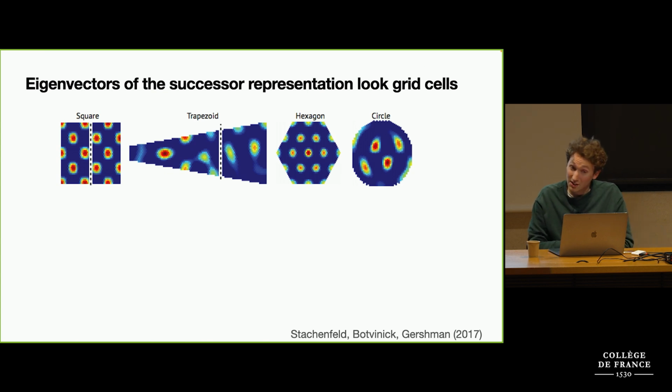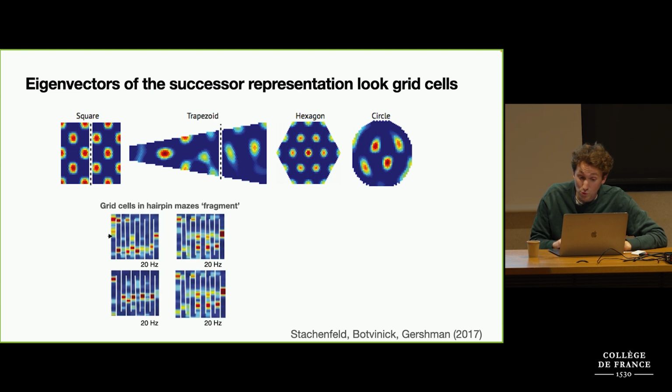And likewise, if you record from rodents as they're running around this kind of funky, fragmented hairpin maze, where it's really just one big winding snake, then you find that what was a grid cell, this beautiful triangular lattice in space, becomes really fragmented.